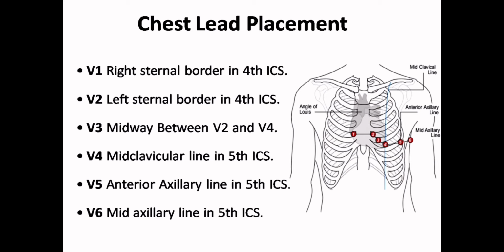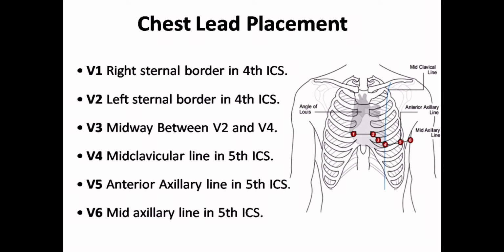V3 is placed midway between V2 and V4, and V4 is placed in the mid-clavicular line. V5 is placed in the anterior axillary line in the 5th intercostal space, and V6 is placed in the 5th intercostal space at the mid-axillary line. So we have 6 chest leads.